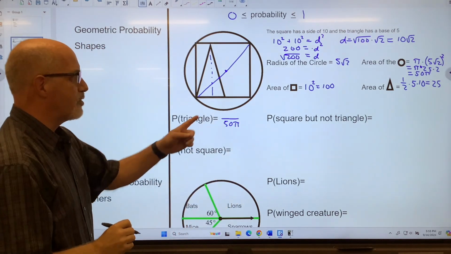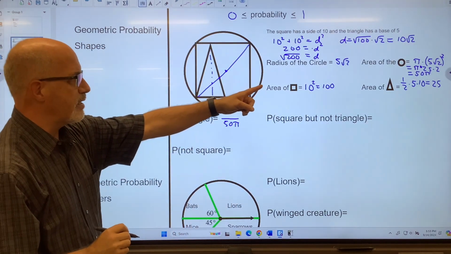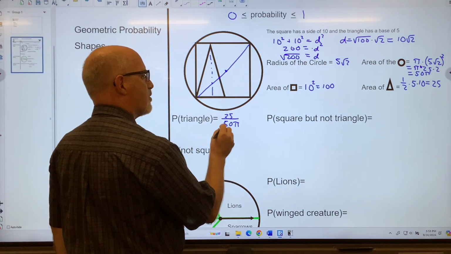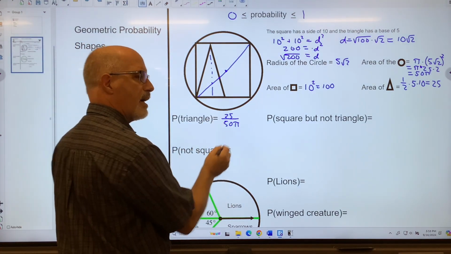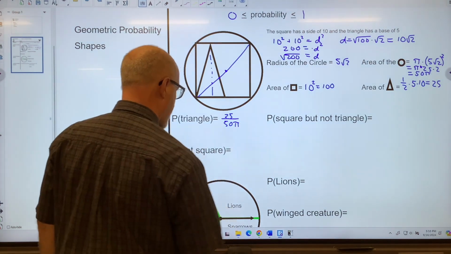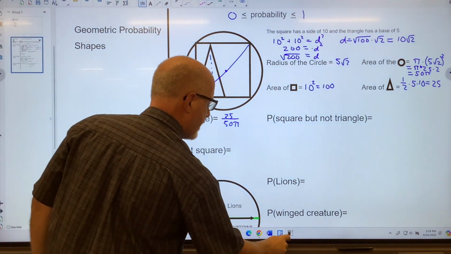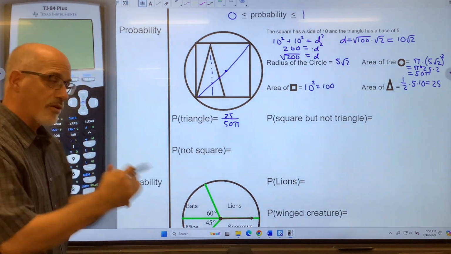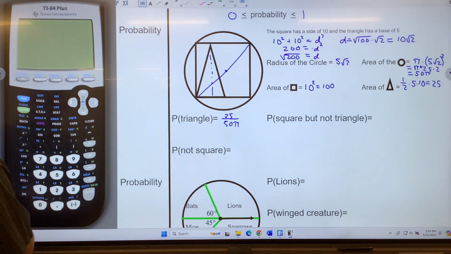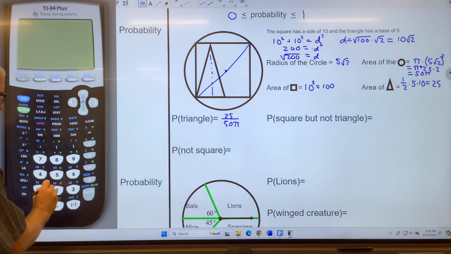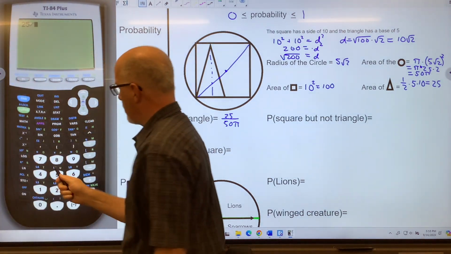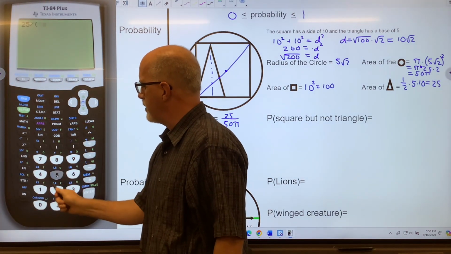Now, let's go ahead and do the triangle. The area of our triangle is equal to 25. So in exact terms, this is going to be 1 over 2 pi. I'm going to go ahead and do that on a calculator and get the decimal, so we'll see that it falls between 0 and 1. On my calculator, I'm going to do 25 divided by, and then I need 50 pi, which I'm going to put in parentheses.